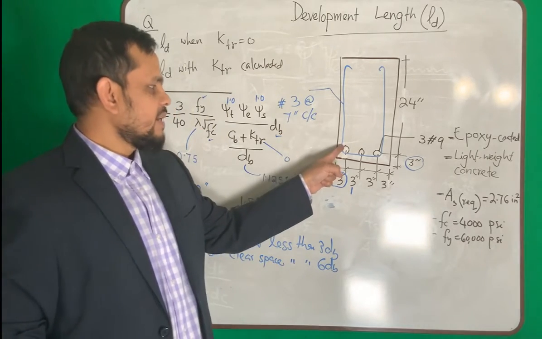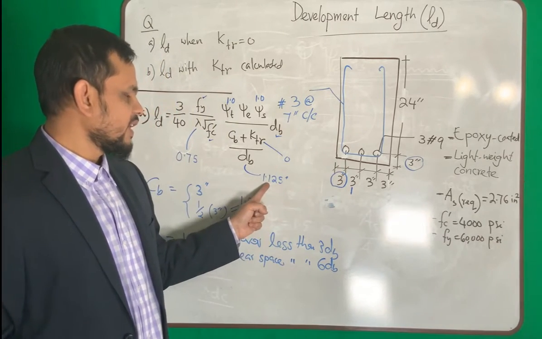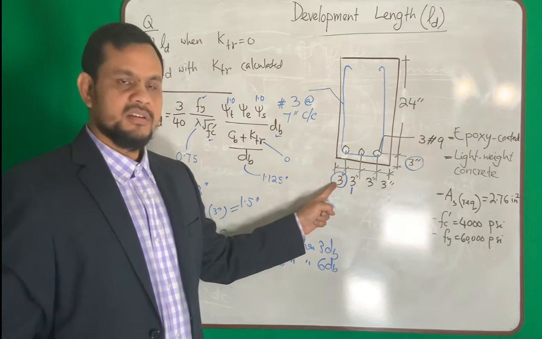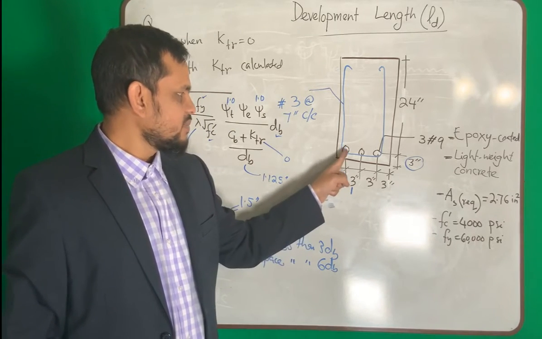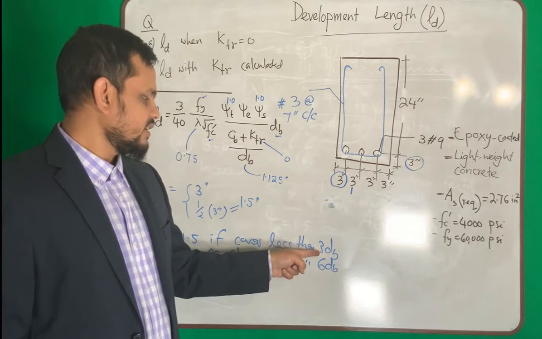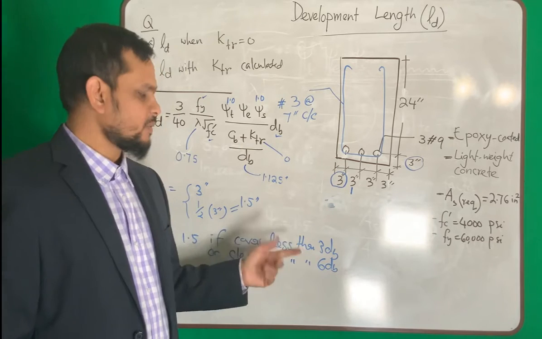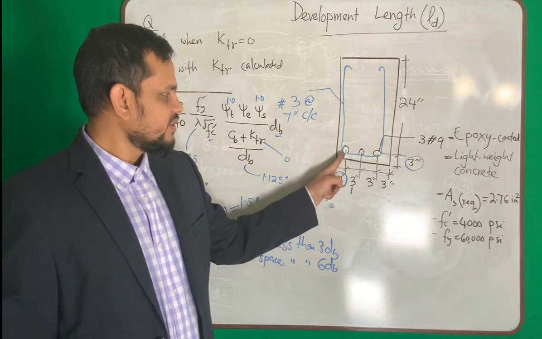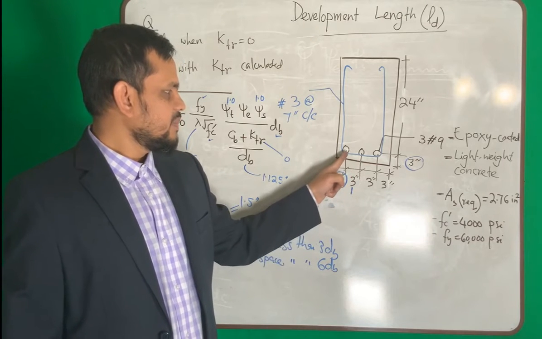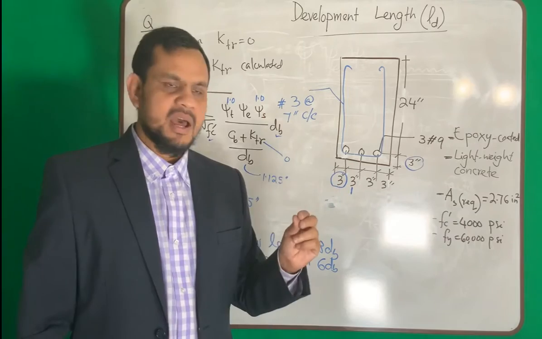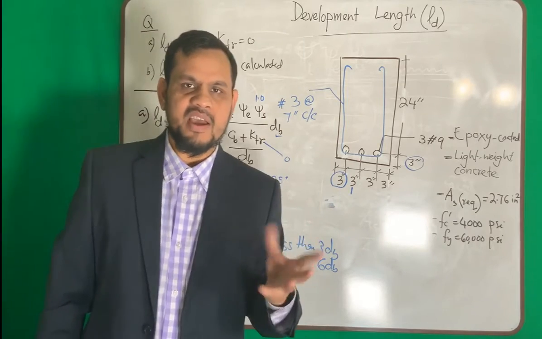That means bar diameter is how much? 1.125. Cover is less than 3 times? Yes, because this 3 is from the center, only the cover should be less than this. And the clear is less than 6, obviously, because center to center is 3. If I deduct half a bar here and half a bar there, clear will be roughly 1.5 like this.